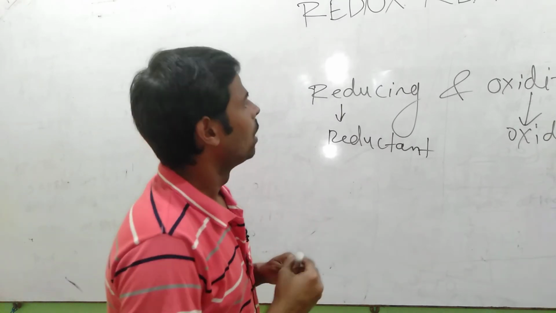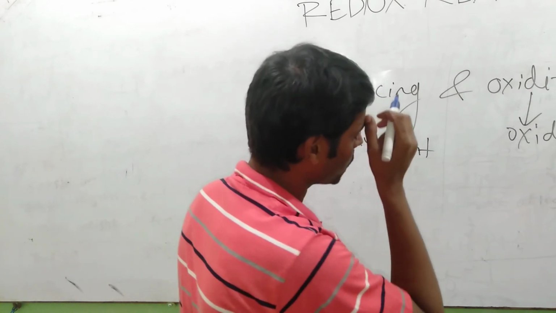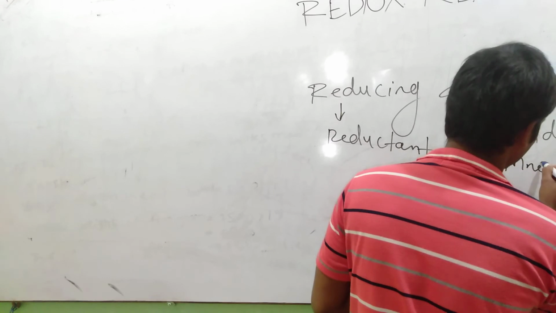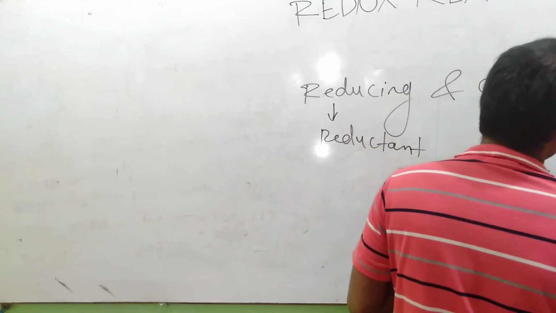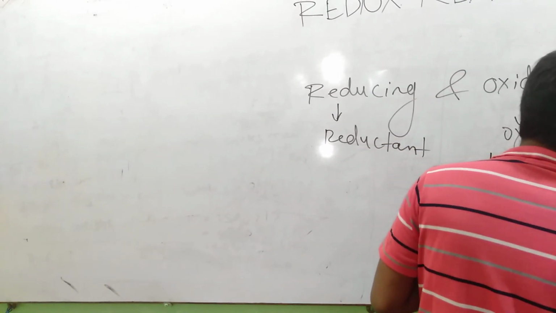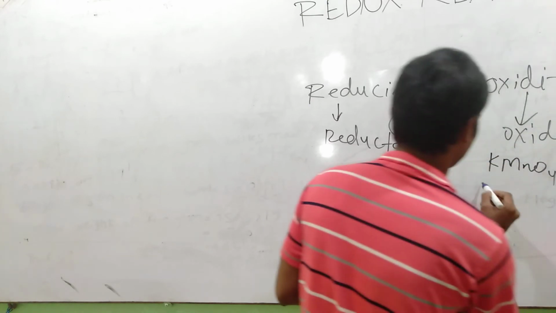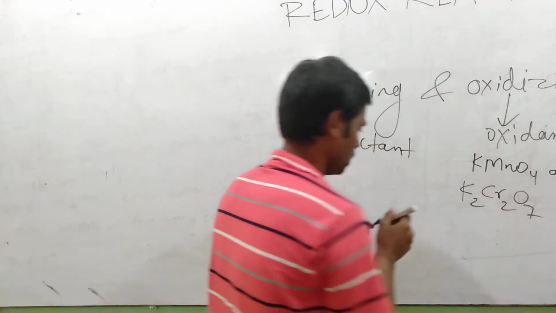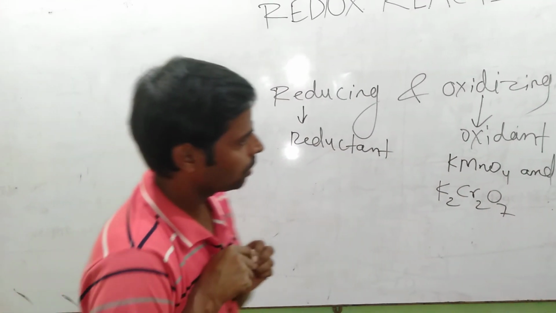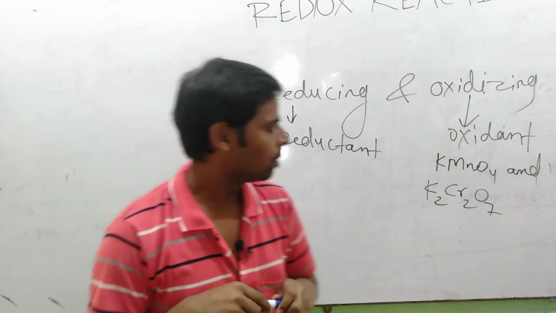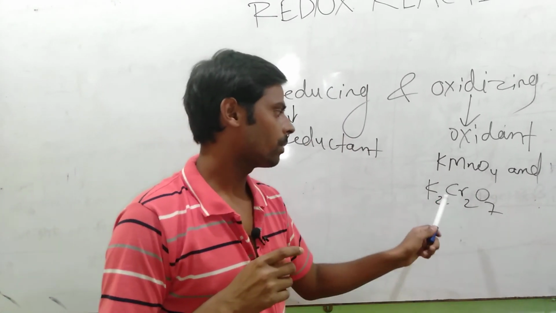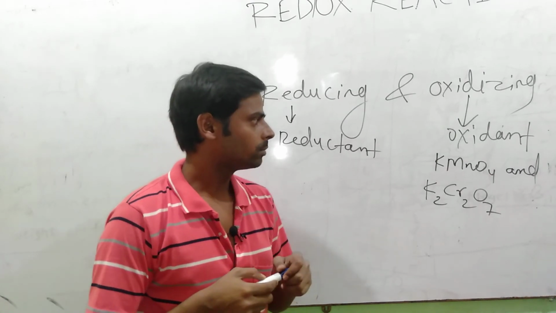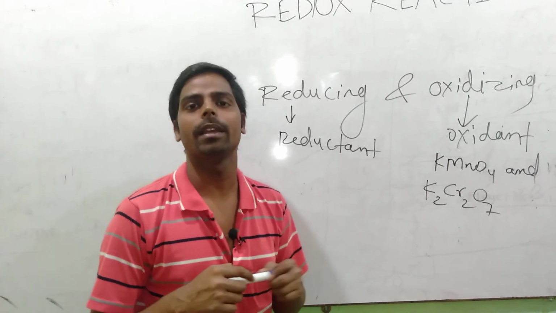If I give you an example of oxidizing agent, then your KMnO4, that is potassium permanganate, and K2Cr2O7, potassium dichromate. These are well known, most popular, commercially used oxidizing agents.